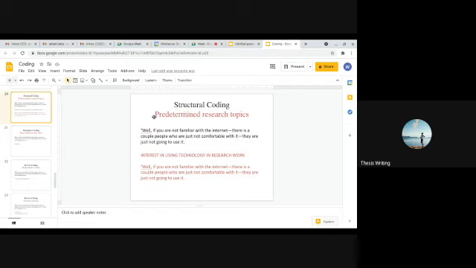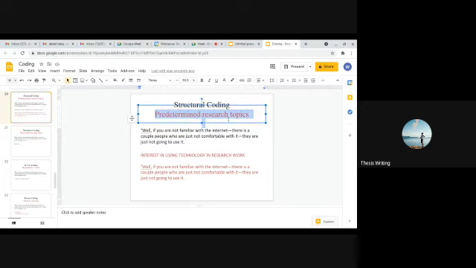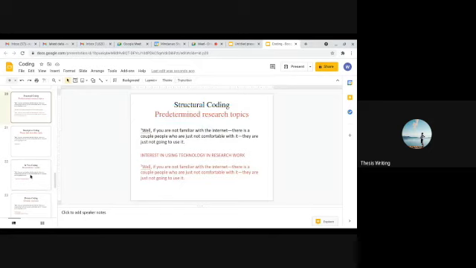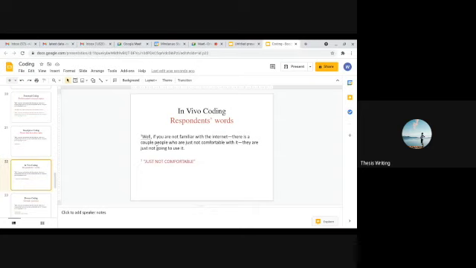So you have predetermined research topics, and each of the research topics will have corresponding codes. Mas madali gawin yan. Okay? Then you have in vivo coding, which is the respondent's words, the actual words. So ito, wala ka munang direksyon, basta i-code mo lang yung sinabi niya. Yun ang sinasabi natin na in vivo coding.